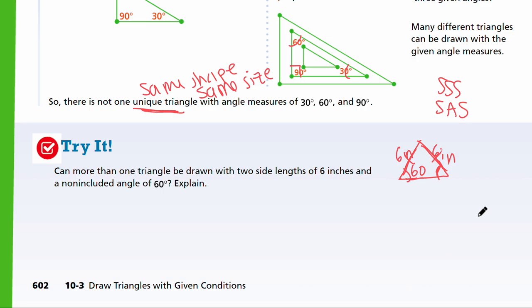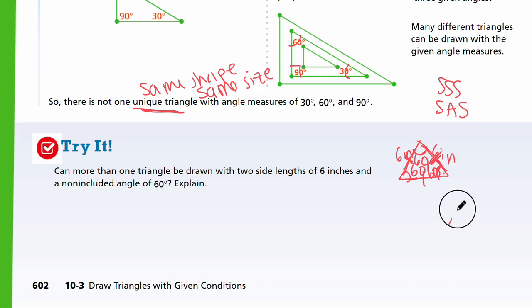So there's only one way to draw this, because that must be 60, since these two sides are equal. If this angle is 60 and that angle is 60, the included angle must also be 60, because the total sum of the interior angles must be 180. Does that make sense? So this is an equilateral triangle.